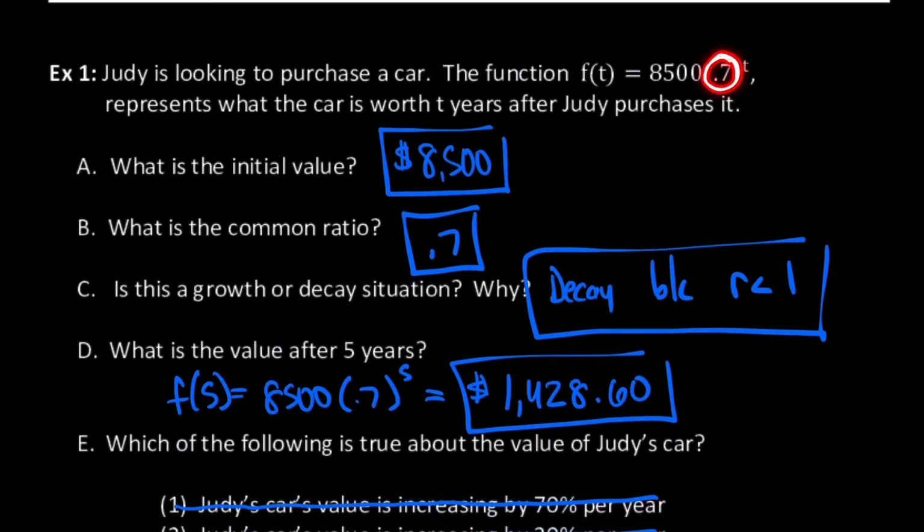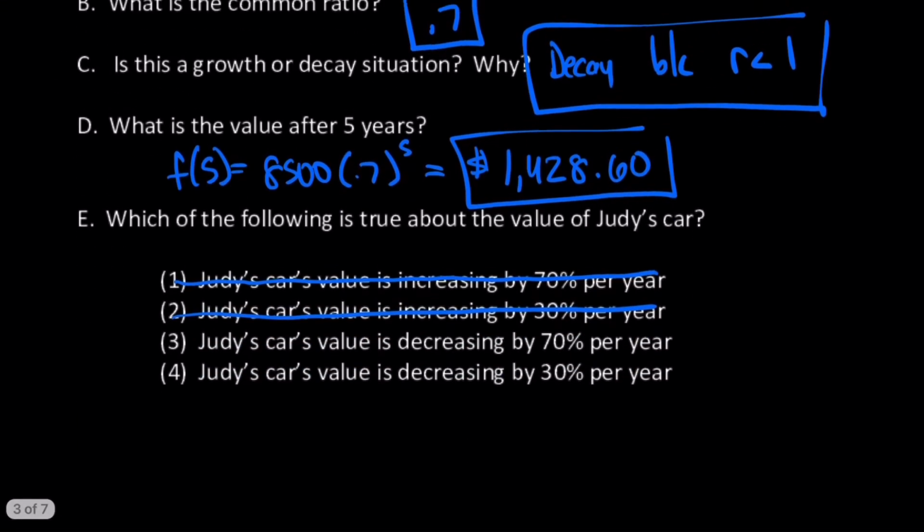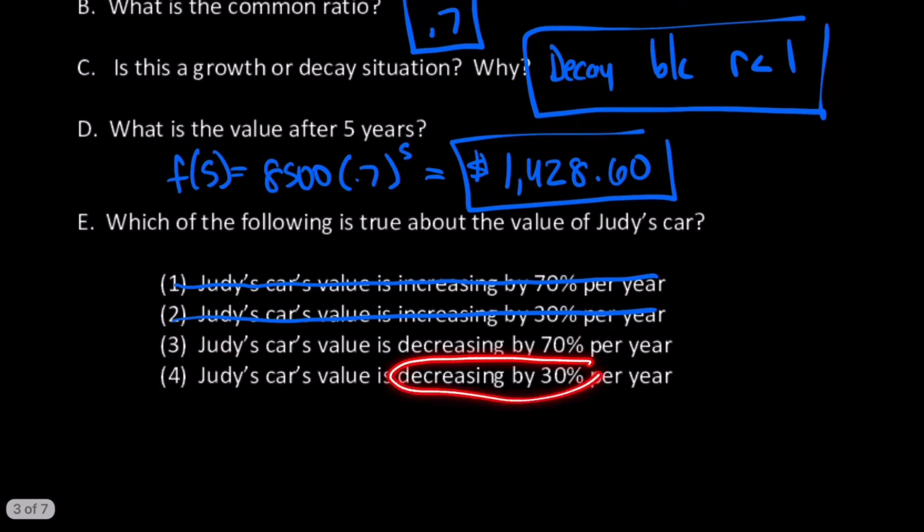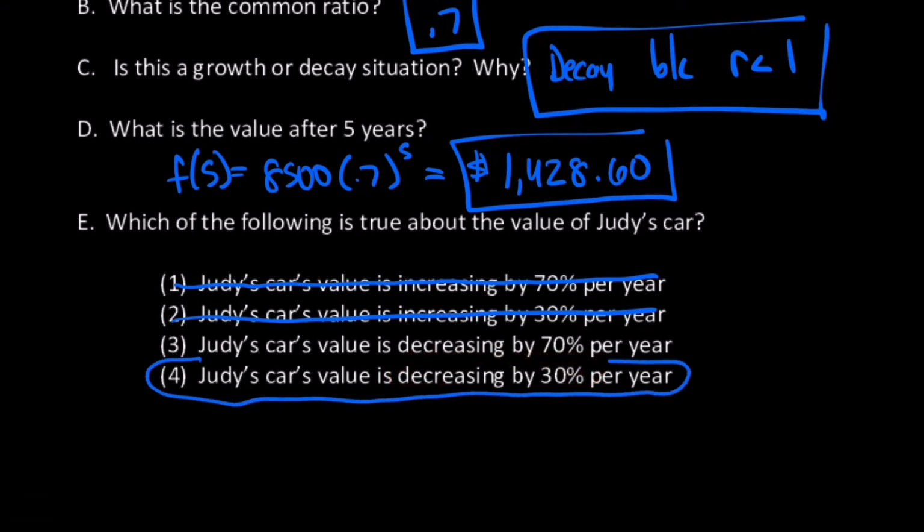That is how much remains after 1 unit of time. So 0.7 is the same as 70%. So 70% remains, which means 30% left. So what's happening here is that is a 30% decrease. So it's important to understand what that common ratio tells us. It gives us the amount that remains. Okay, so let's keep that in mind.